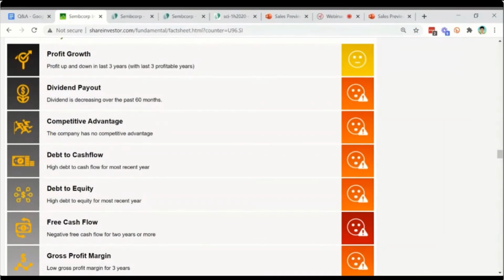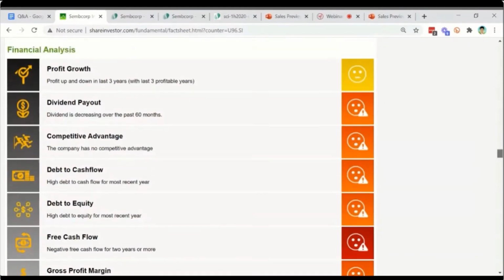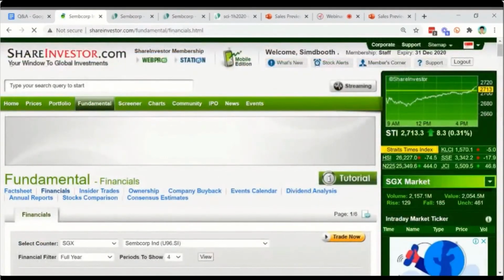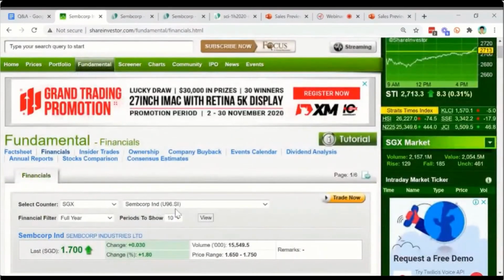Now you probably want to know whether there are growth prospects for Sembcorp Industries. So let me just go to their financials.